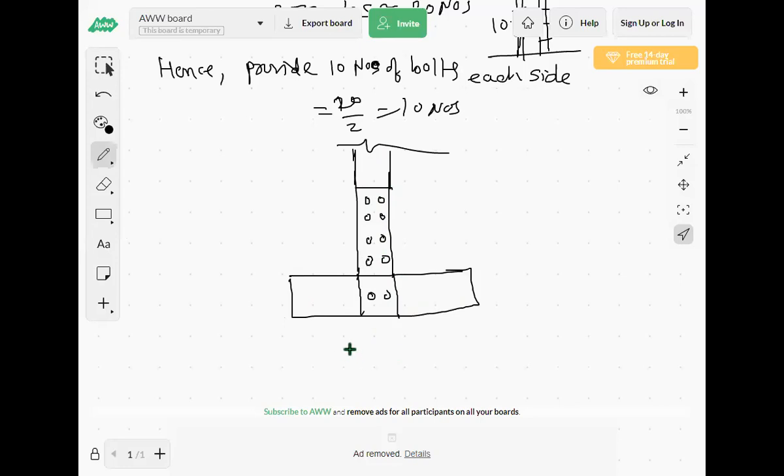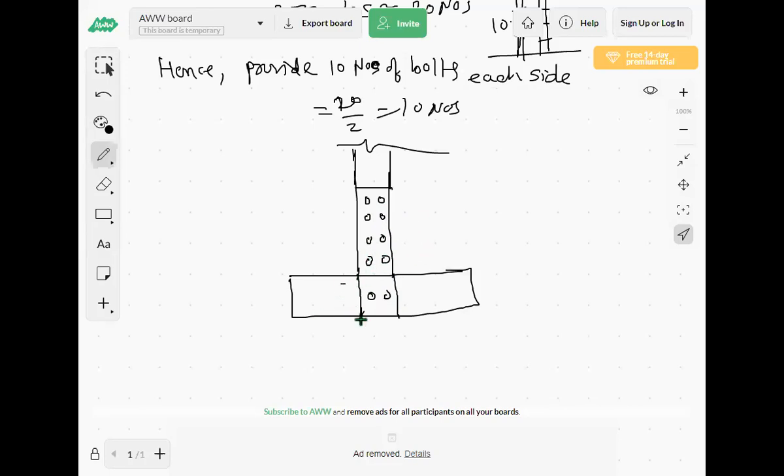So this is your connection of the bolts.